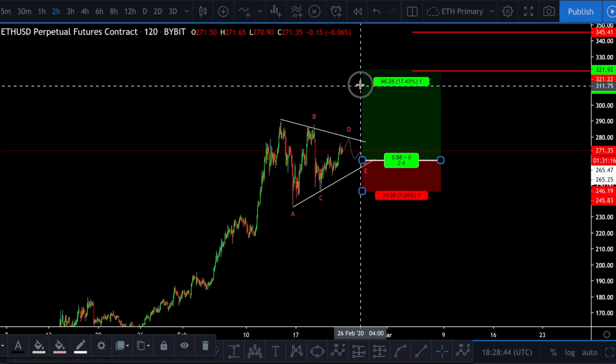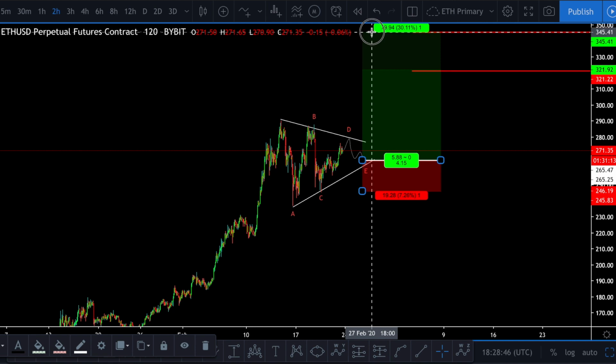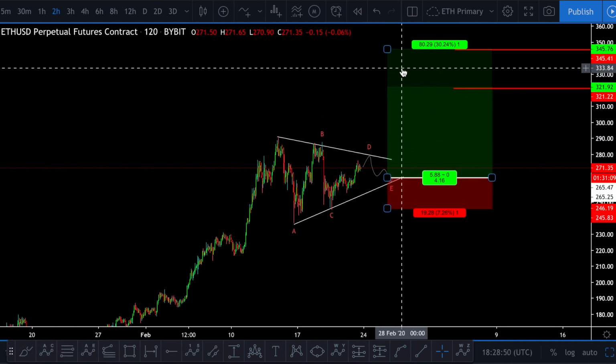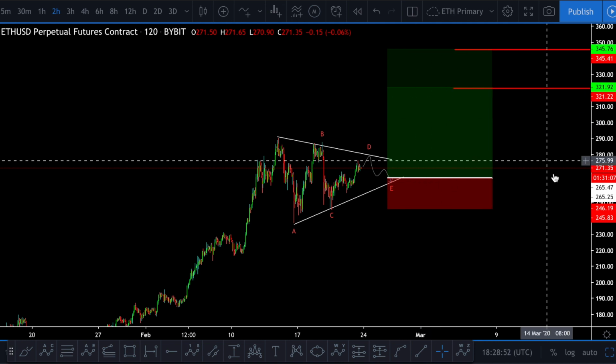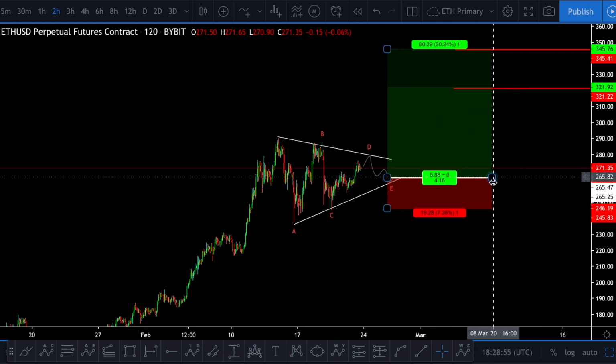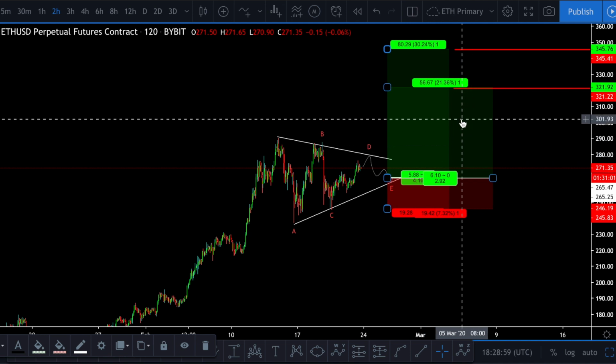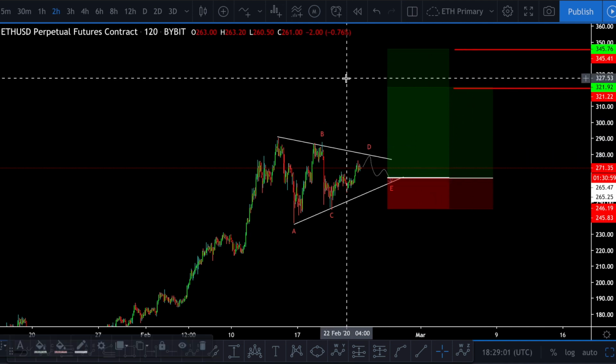Same concept, but something like that right there. So we have 2 trades. Why is this one not showing? That's weird. Okay, so a 21% trade and a 30% trade possibly.